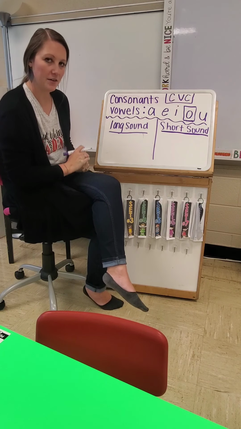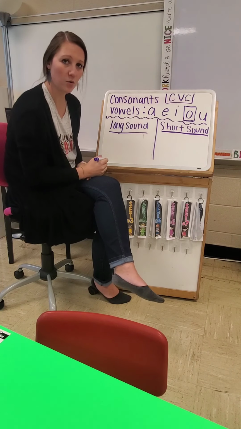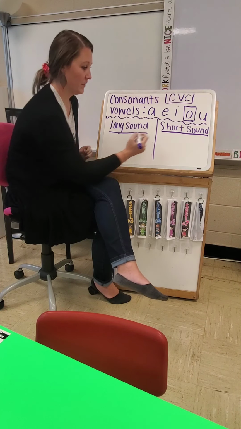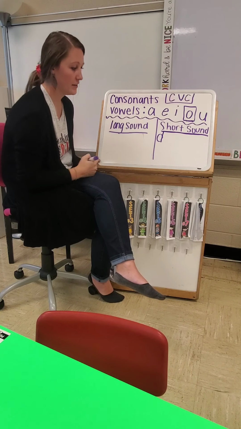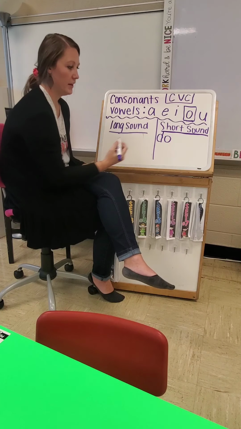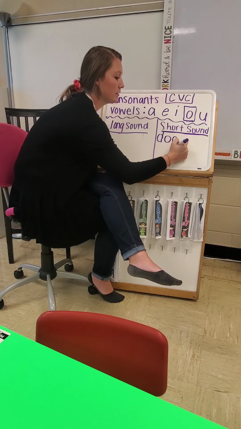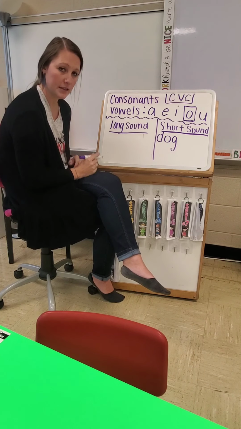Let's see if we can sound out this word with the short sound of O. Are you ready? So we have a consonant D, we have an O, and a G. Consonant, vowel, consonant.